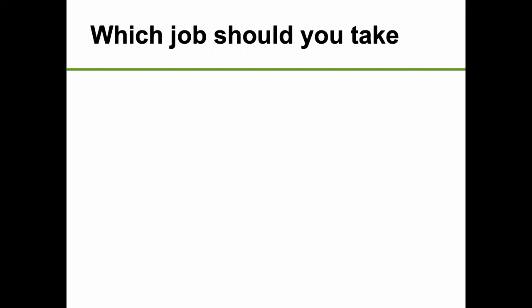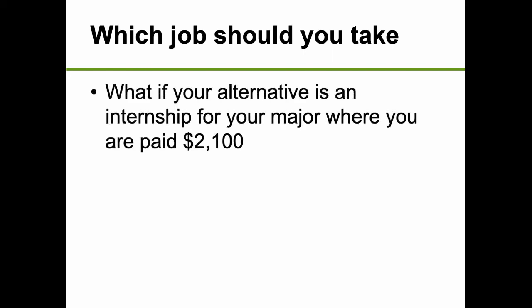Let's take a look at a different alternative, a different second best option. What if your alternative is an internship for your major where you're paid $2,100? Now, you may already be doing some of the math here. Remember, your total revenue is $10,000.